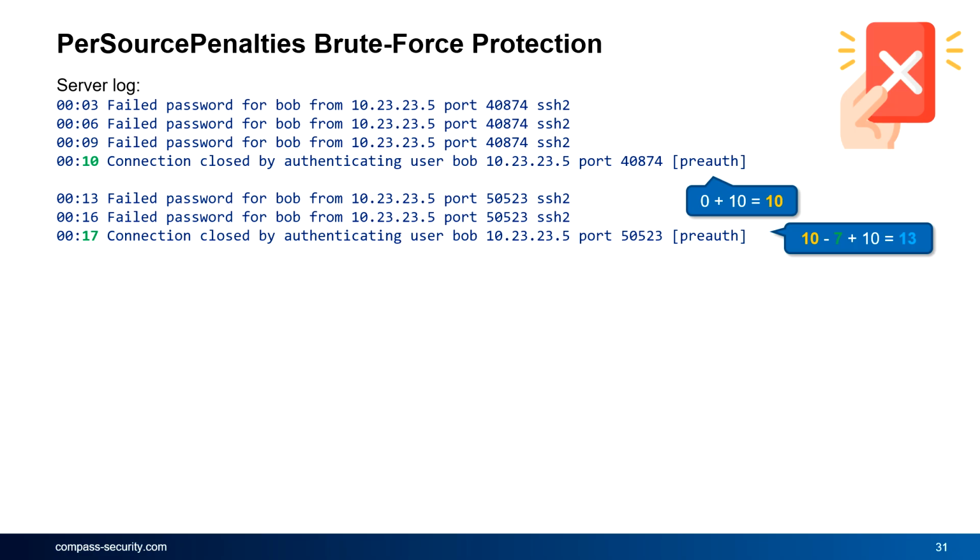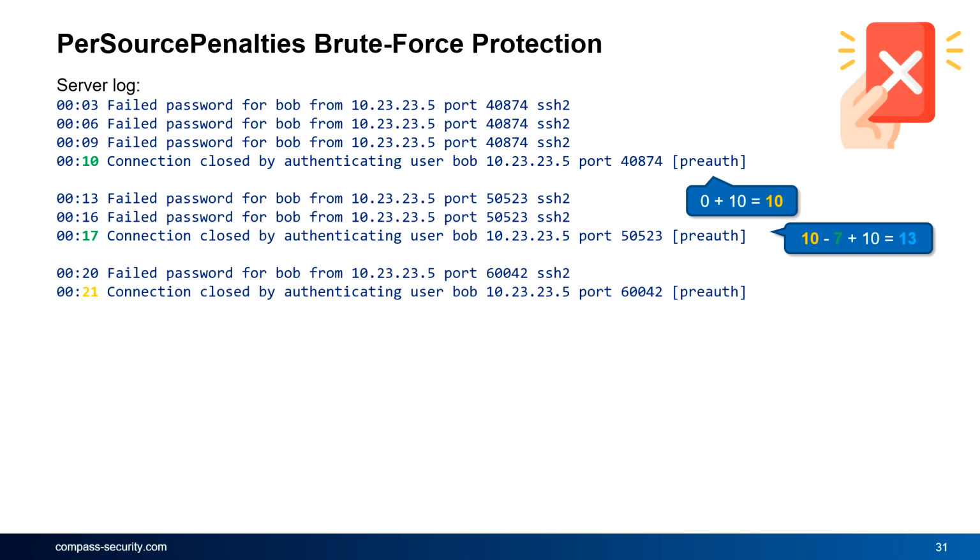So the current penalty is now 13 seconds. Then later, if the client connects again, performs a failed login and then disconnects, the time in between is also decreased from the current penalty, in this case 4 seconds, and another 10 penalty seconds are added.